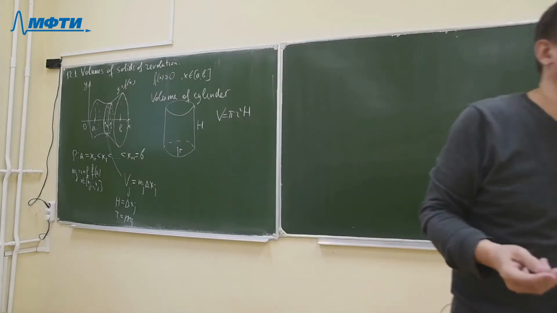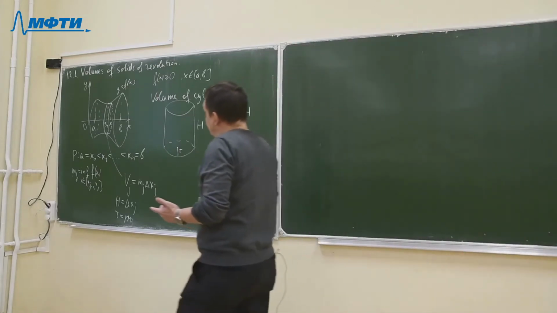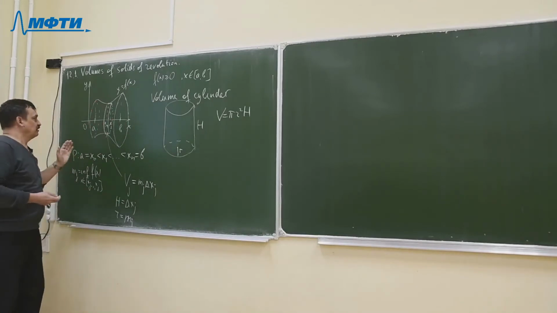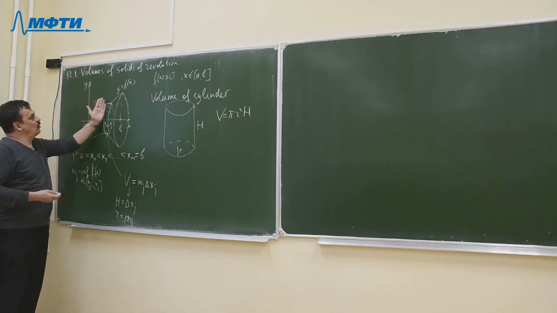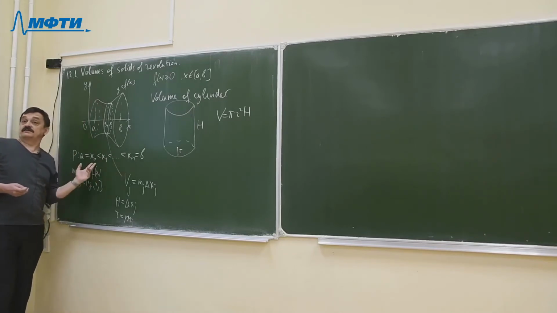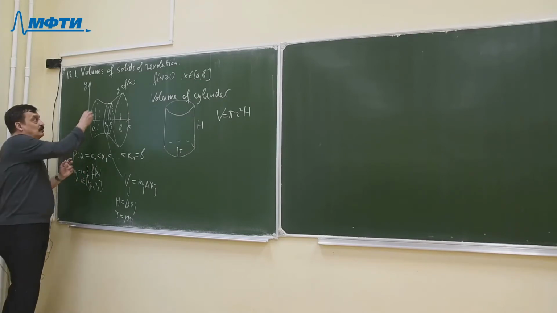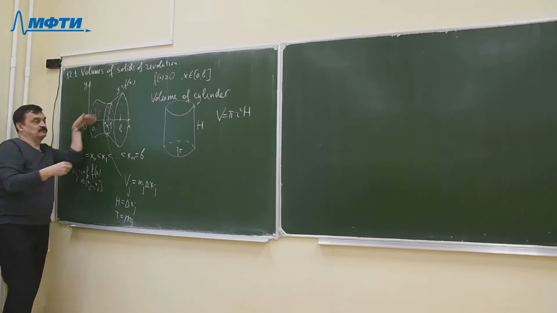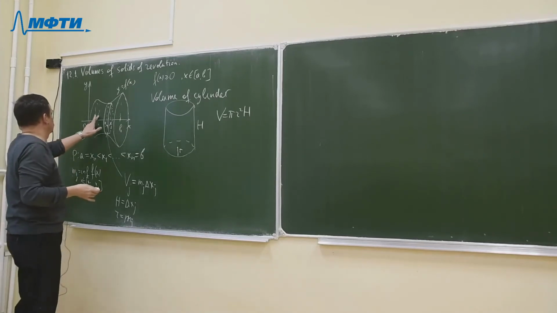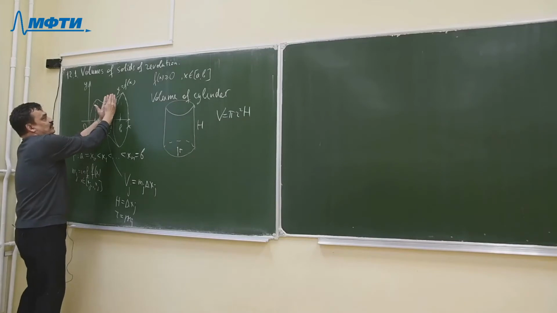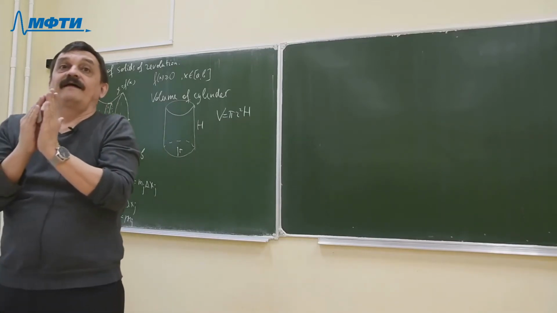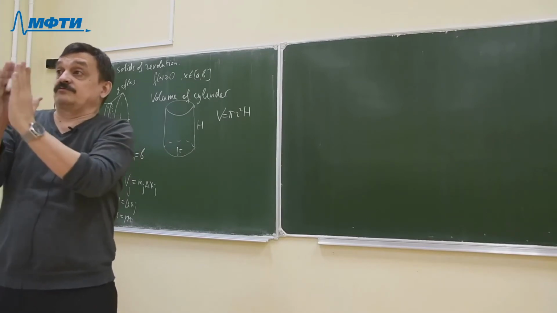Then we computed the volume of this thin cylinder, and we'll consider all such cylinders which correspond to other intervals. So we take many such cylinders. I don't want to draw extra lines because it will not be clear. We make many such thin cylinders, and then add the volumes of all of them.